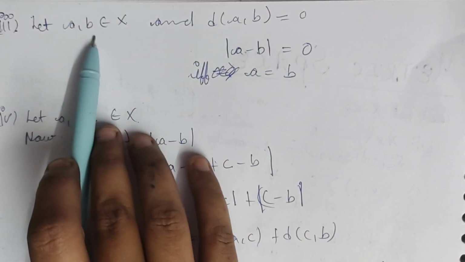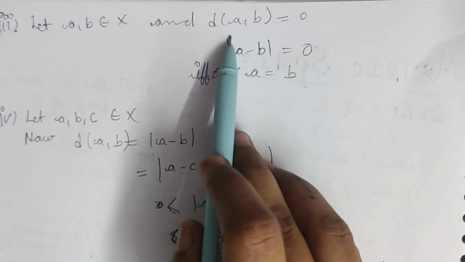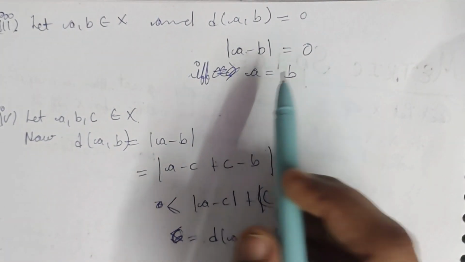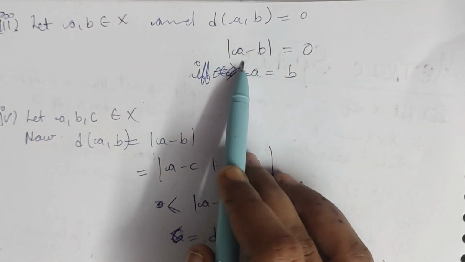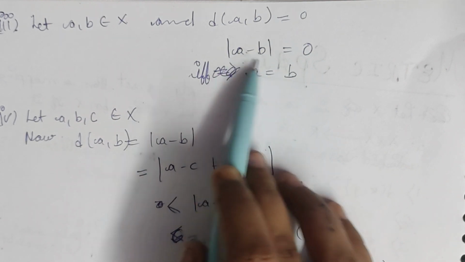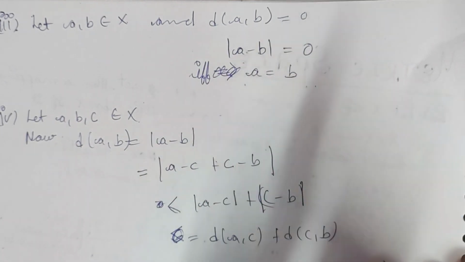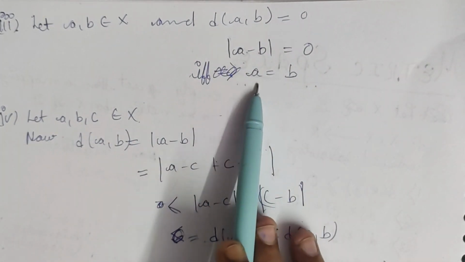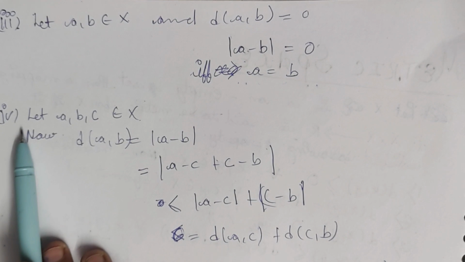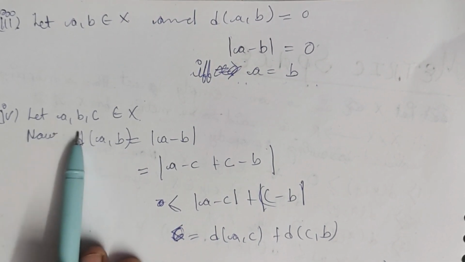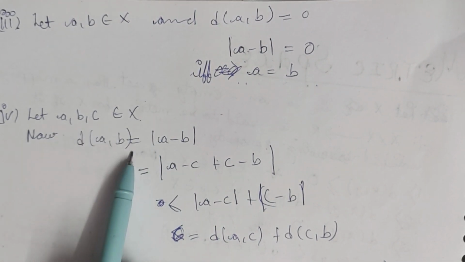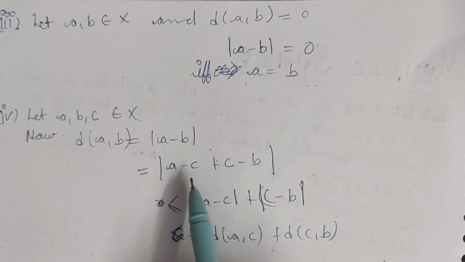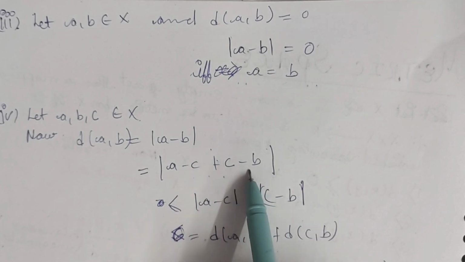Now the third property: let a, b belong to X, and d(a,b) equals 0 if and only if a equals b. If d(a,b) equals 0, then on solving we get a equals b, which means d(a,b) equals 0 if and only if a equals b. Now for proving the fourth property, let a, b, c belong to X. d(a,b) equals modulus of a minus b, and we write it as modulus of (a minus c) plus (c minus b).